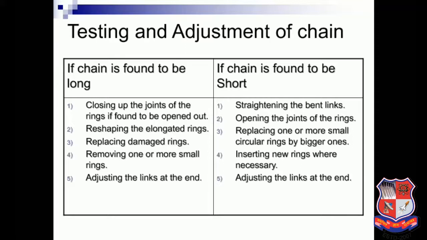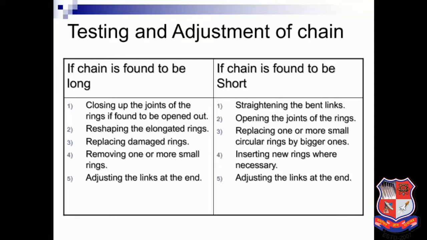Third is replacing a damaged ring if you find a damaged ring, so you have to replace it. Fourth is removing one or more small rings. Fifth is adjusting the links at the end. Sometimes they overlap each other, so we have to adjust them every time.